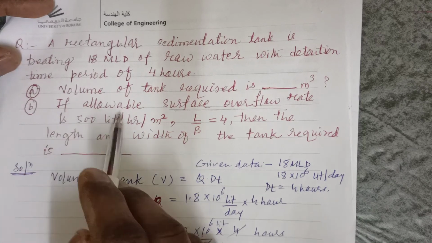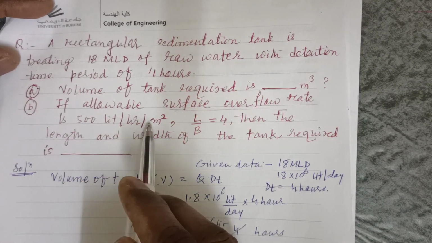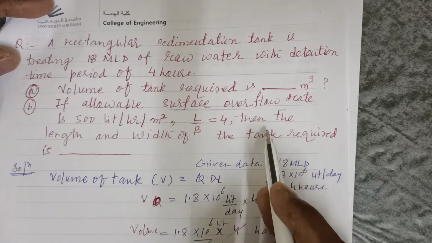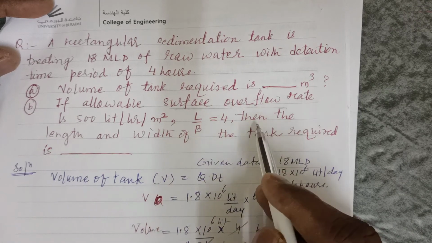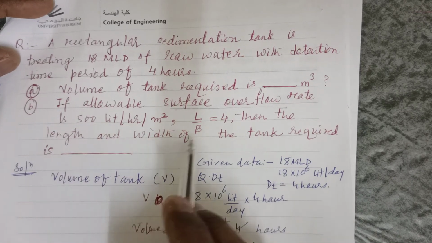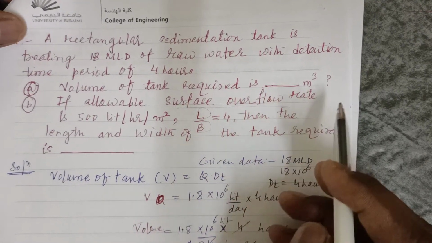Next, if allowable surface overflow rate is 500 liter per hour per meter square, means V0 is given. Next, L upon B is given as 4, and then the length and width of the tank is. So we have to find what would be the length, what would be the breadth, right? So here we will solve this problem.